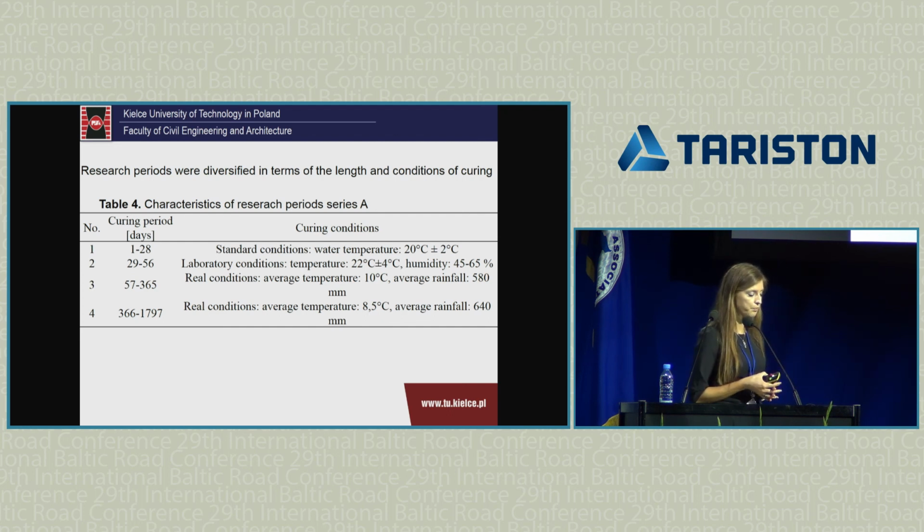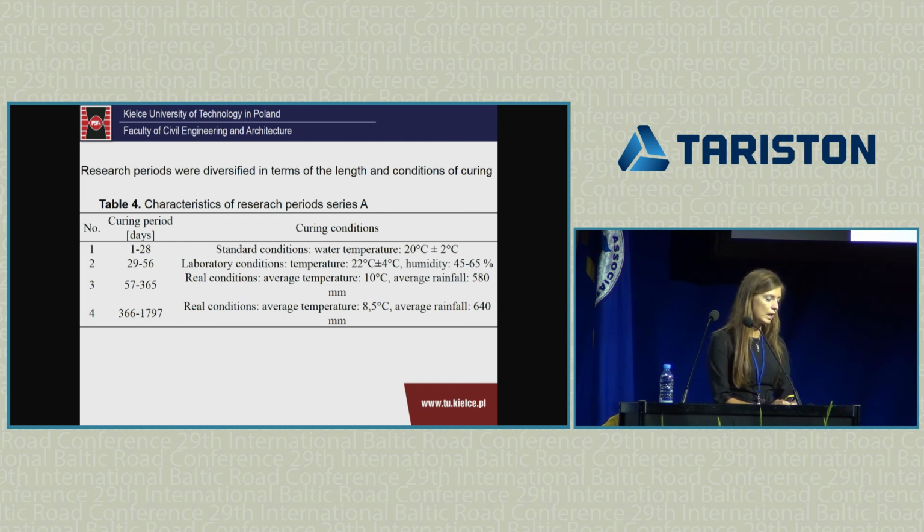The characteristic of the research in series A included 4 curing periods. The first period was from 1 to 28 days, and here the curing condition was standard, so the temperature of curing was 20 degrees Celsius. In step 2, the curing period was from 29 to 56 days.